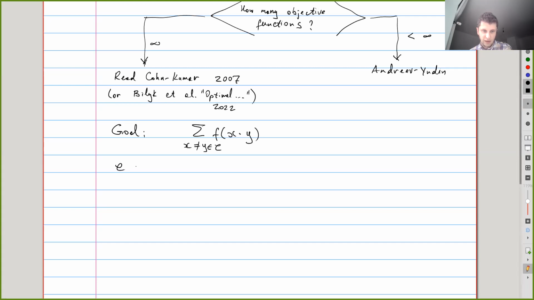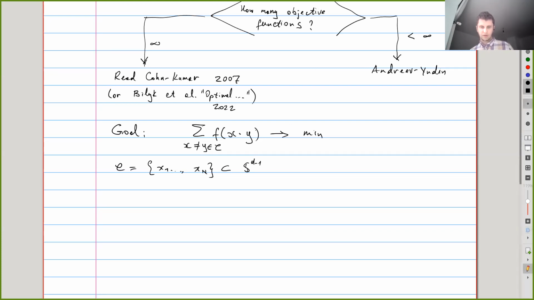This cursive C is a collection, maybe x1 through x capital N, and it lives in the d-1 dimensional sphere. And your goal is to minimize it. Maybe this is an infimum, but more likely it's a minimum.